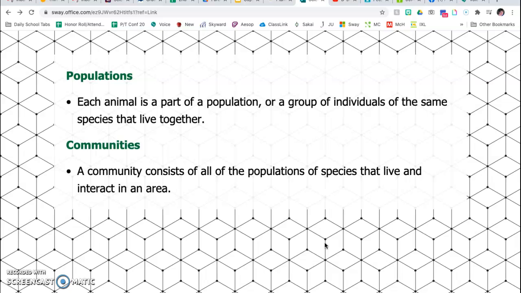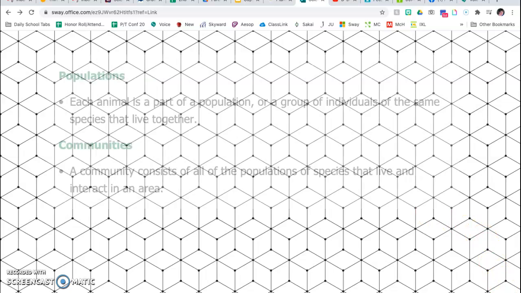So breaking it down one more time. The population, each animal is part of a population. So it's a group of individuals of the same species that live together. So our alligators. Moving up, the community consists of all the populations of the species that live and interact within an area. So the alligator, the birds, the turtles, the snakes.